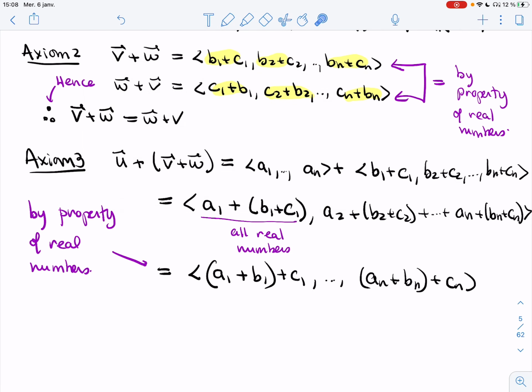All right, so then the last element that I'm adding is c, and so I can split it like this.